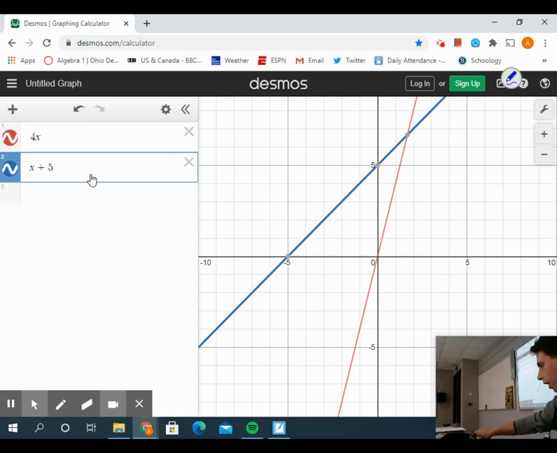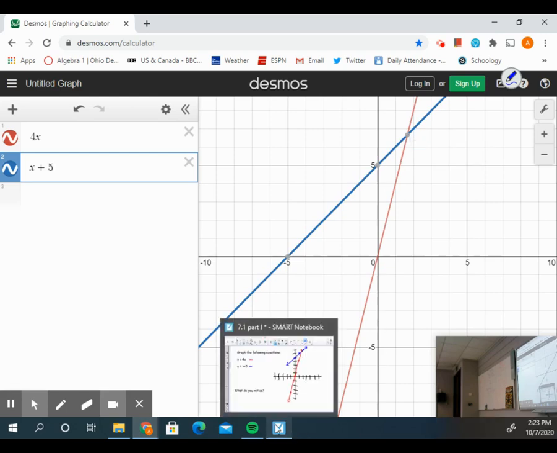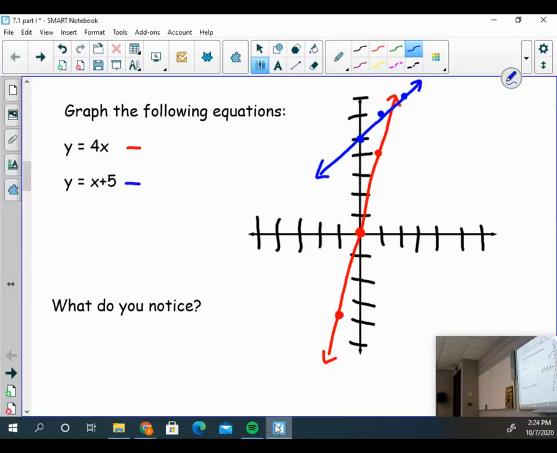Let me double check that. I believe those were our two equations. And you can see we intersect here at 1.667 and 6.667. So sometimes lines don't intersect nice and neat, but the point is the lines do intersect. And I just wanted you to get some graphing practice.